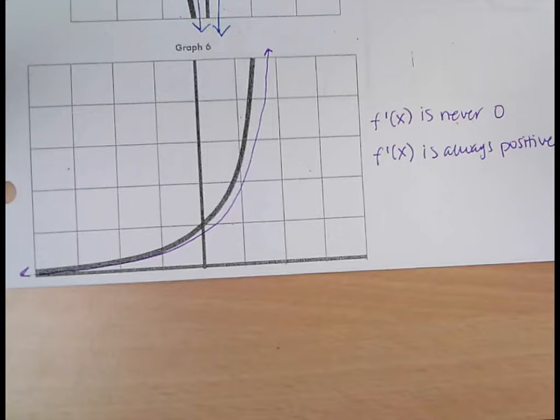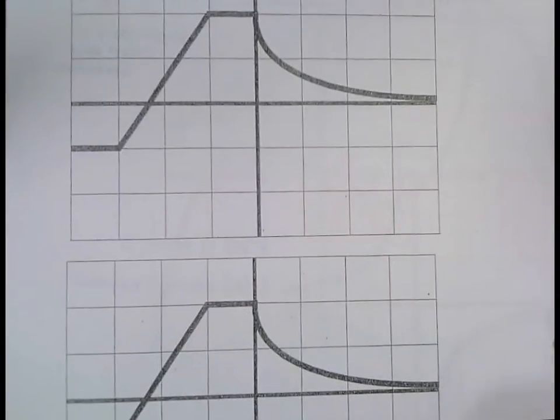But in terms of the exact placement of the graph of f prime, I'm not looking at that. I'm looking at the shape, and that you have the zeros and above and below the x-axis correct. I'm not looking to see, well, on the graph of f prime at the x value 2, f prime should be 5. I'm not looking that specifically. We're getting the shape down, not necessarily the exact values at this point.